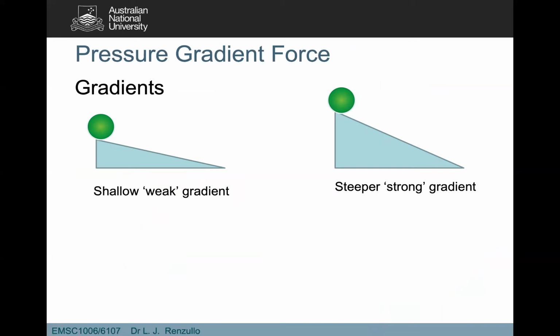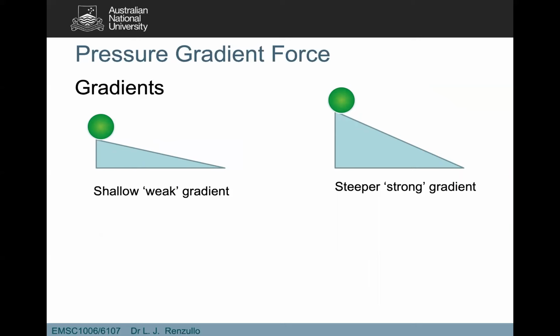Here we have two balls on top of two very different gradients. On the left, we have what we call a shallow, weak gradient. The slope of that ramp is less than the one on the right, where the slope is steeper. It represents a strong gradient.